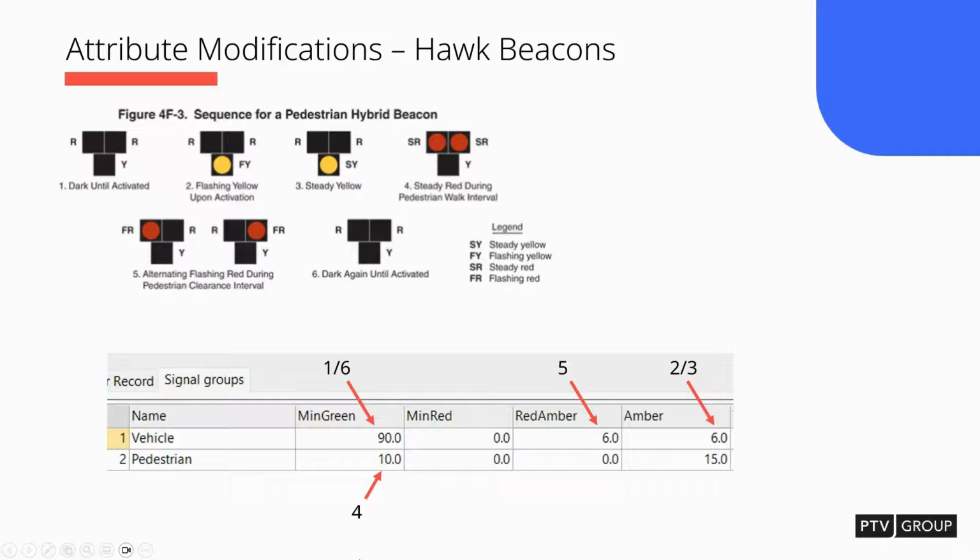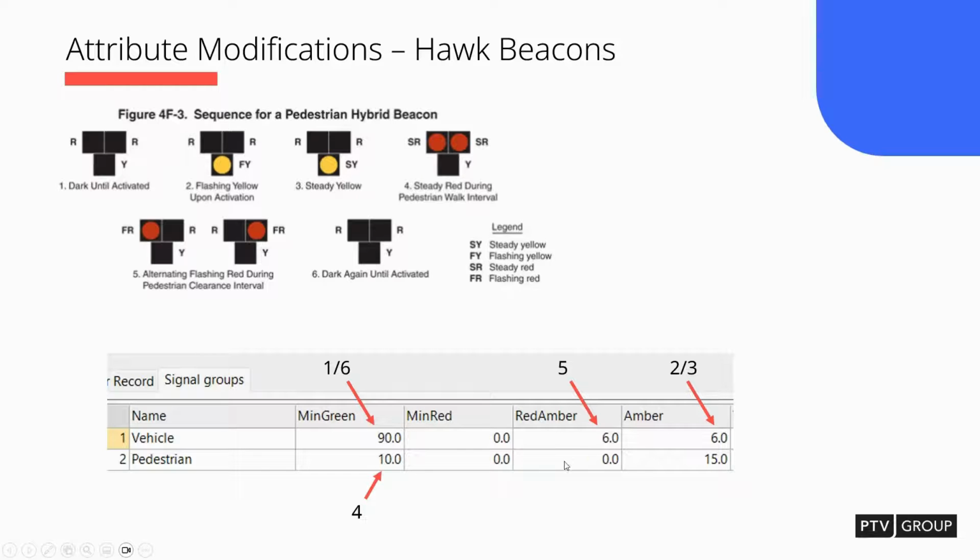And then we have our solid red, which matches with our red. And that would be during the green and clearance interval of the pedestrian spaces. And then the flashing red, this is after the pedestrians are cleared, before it goes back to off. It's kind of another warning state, right? And in Vissim, we call that the red amber state. So it's the amber after the red, before it goes back to green.